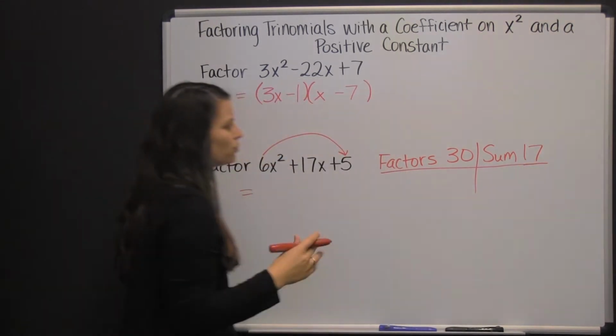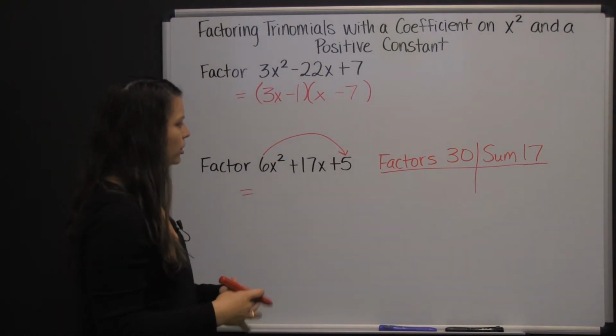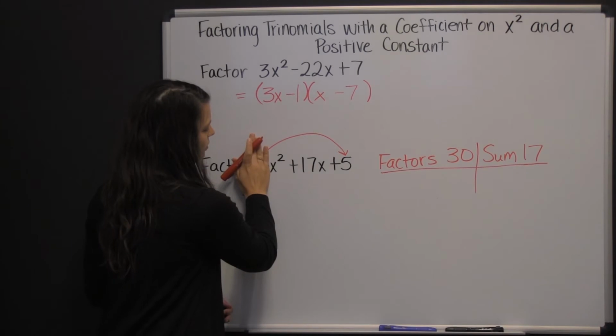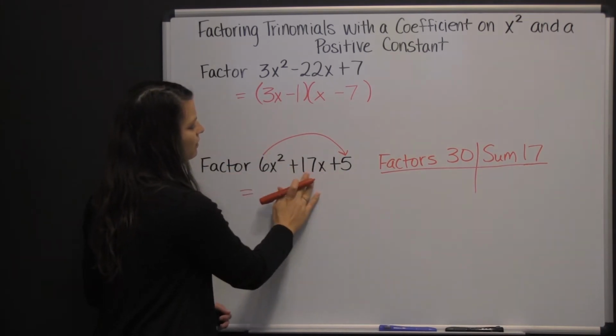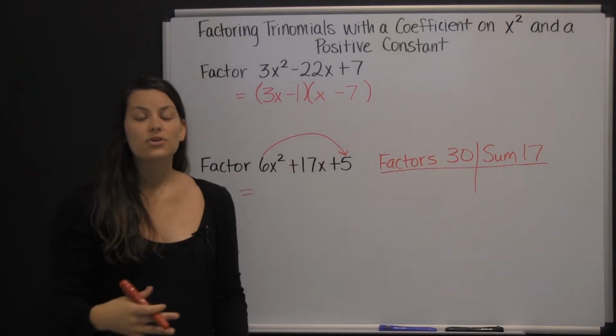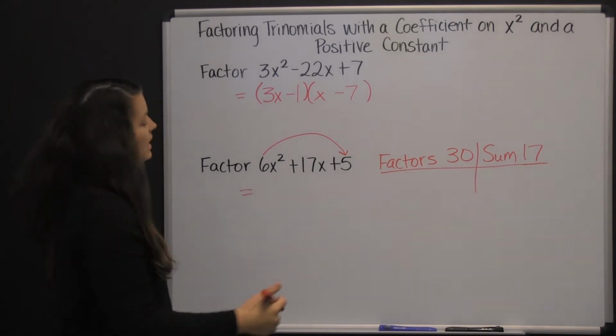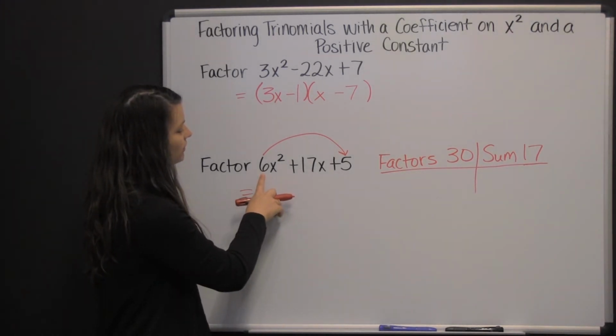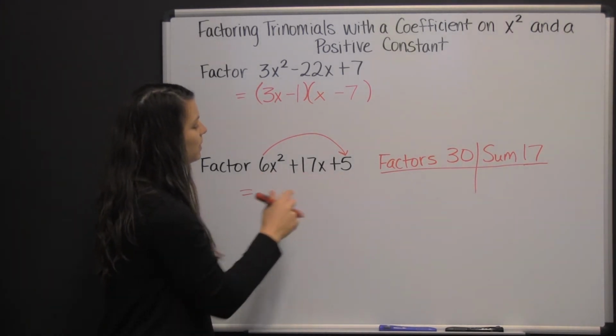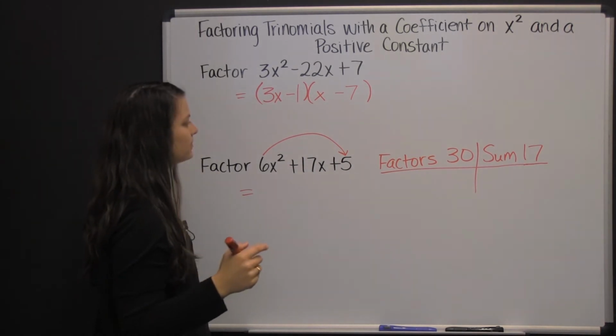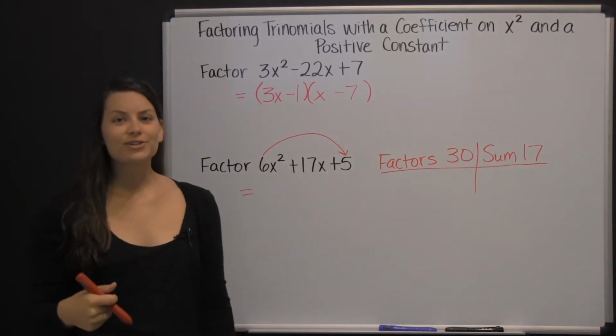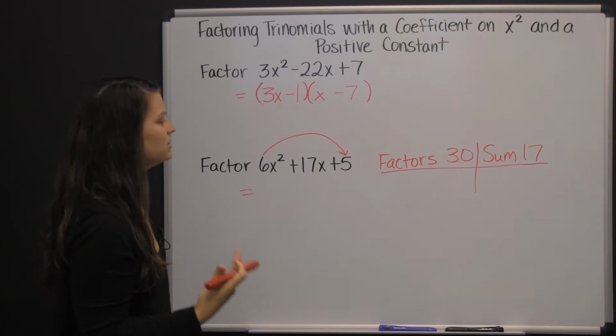So this is reminiscent of when you were factoring without a leading coefficient. You'd find the factors of 5 that have a sum of 17. So the only difference here is now that you have that leading coefficient, you just need to multiply it times your constant.